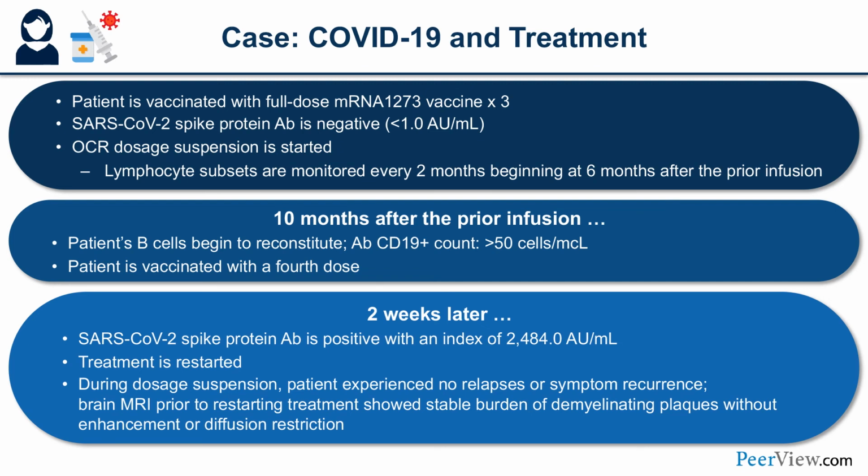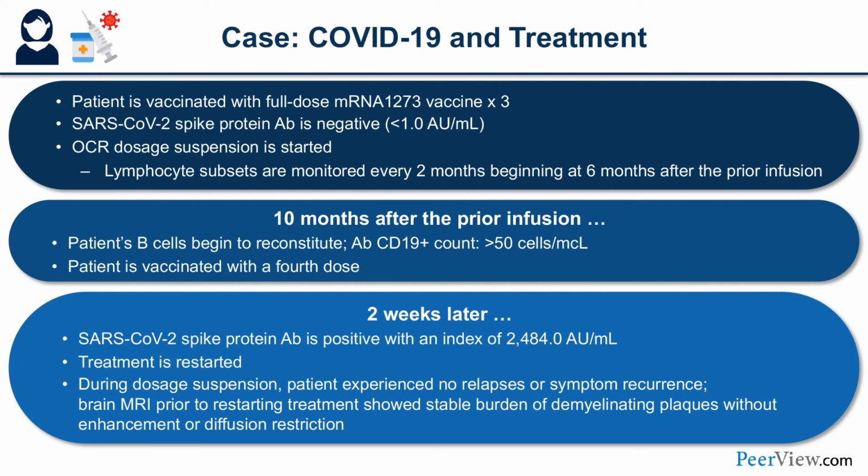She was vaccinated with the 4th dose, and 2 weeks later, her SARS-CoV-2 spike protein antibody was positive with an index of 2,484, very similar to the types of values we see in MS patients treated with disease-modifying therapies that are not thought to interfere with COVID vaccine responses.